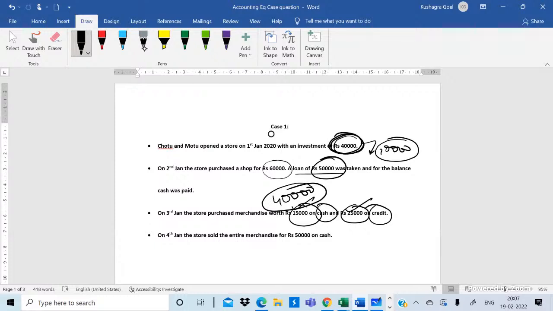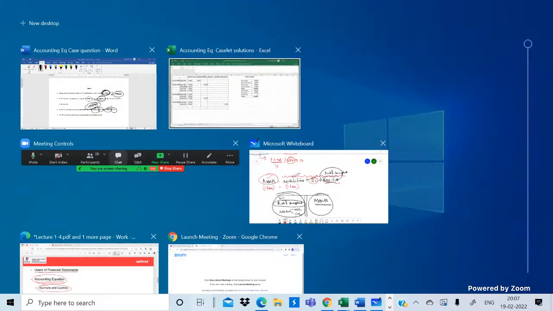And how is the payment being done? For 15,000, you pay cash. So the cash balance will go down. For the remaining 25,000, you don't pay upfront. You'll pay it at a later date, which means you get a liability in terms of a supplier or a creditor. So that's how you'll incorporate it for 3rd of Jan.